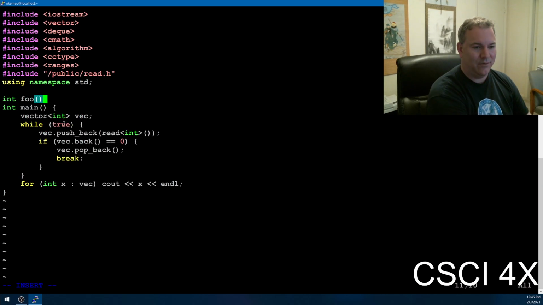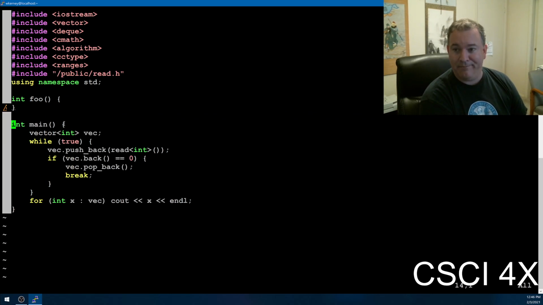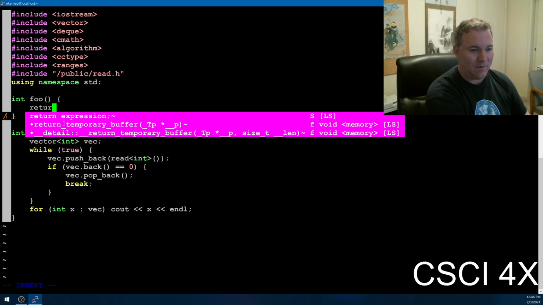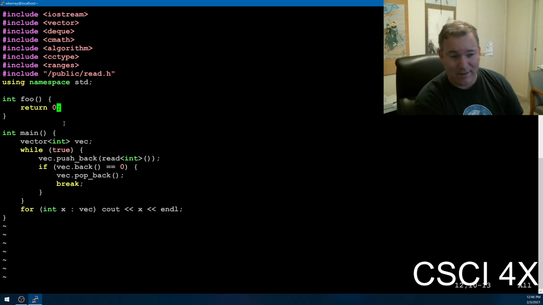So if you have int foo or whatever, you can't just do that. It will be mad at you, right? Non-void function does not return a value, all right? So you gotta return something. Technically, you could get away with not returning something, and it'll probably crash your program if you don't. It's actually really, really bad to not return something when you say you're going to return something.